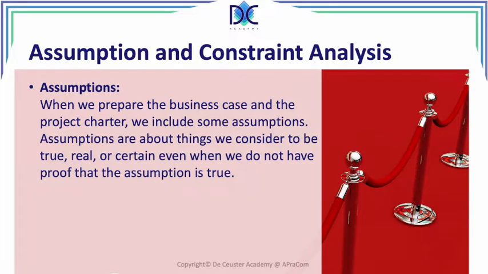We consider these elements to be true, but we are not certain that they will be true, and we don't even have proof that the assumption is true. We may have an indication, we may have some ideas, but we are not really sure. The fact that we make an assumption can later be turned into a risk if the assumptions we made turn out not to be valid.